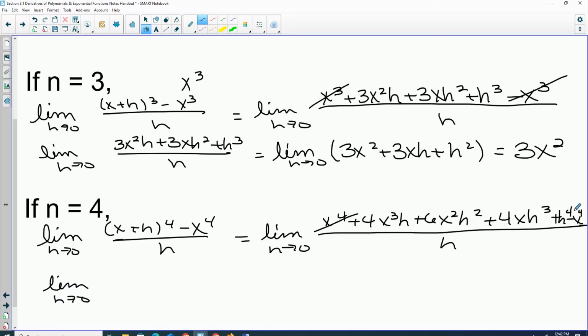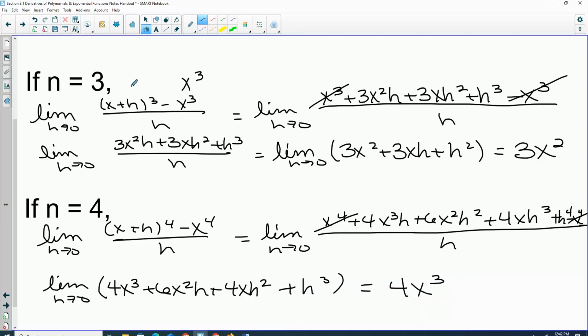Okay, the x's drop. What can you do with everything that's left? Take an h out. You put in 0 for all of your h's, you get 4x cubed.